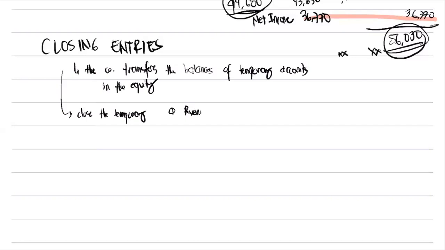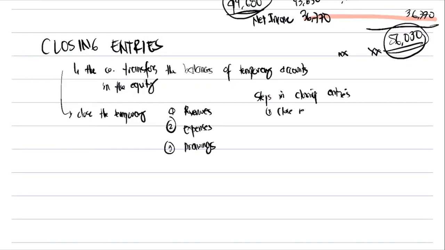First, we have your revenues. Then we have your expenses. Then we have also your drawings. Okay. So what are your steps in closing entries? Steps in closing entries. So first, close revenue accounts to income summary.